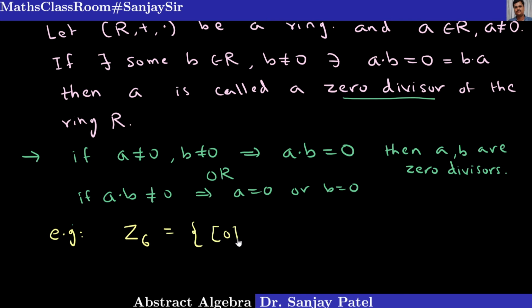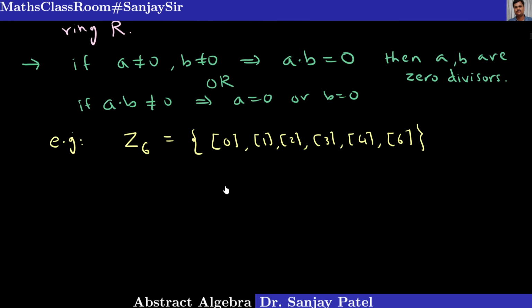Z6 contains 0, class 1, 2, 3, 4 and 5. It has 6 elements, 6 equivalence classes or 6 residue classes modulo 6. And I am taking the operation of multiplication modulo 6, dot 6.